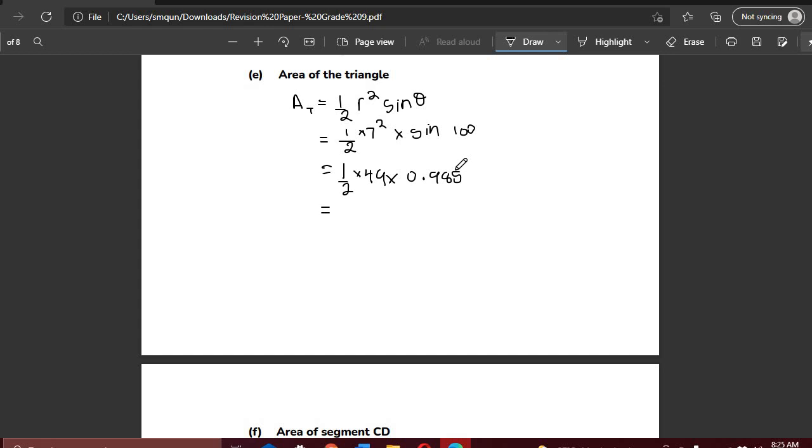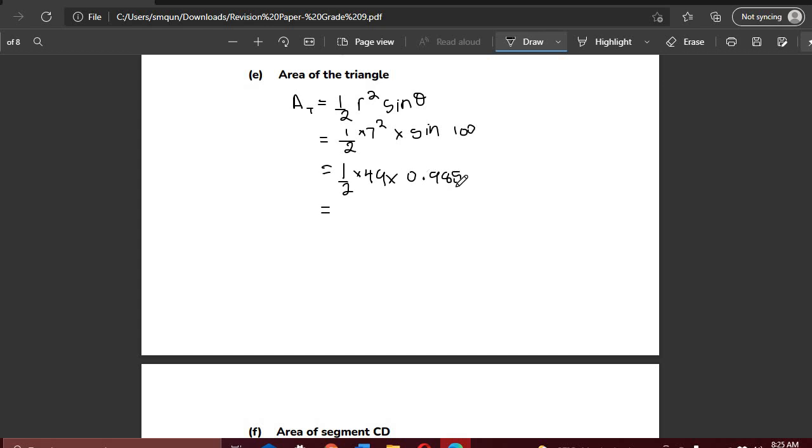Okay, so we're going to go ahead and multiply half times 49. You can write half as a decimal as 0.5. So I'm going to put in 0.5 times 49 times 0.985. And keep in mind, I also rounded the number that I got for sine 100. I rounded that to 3 decimal places.